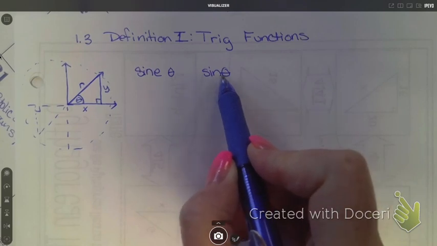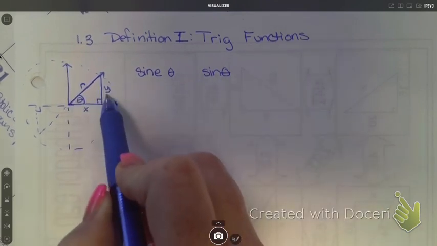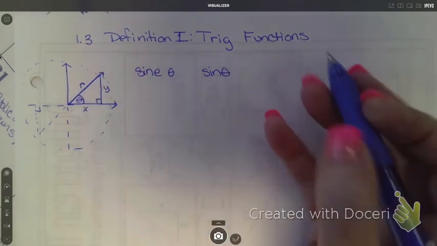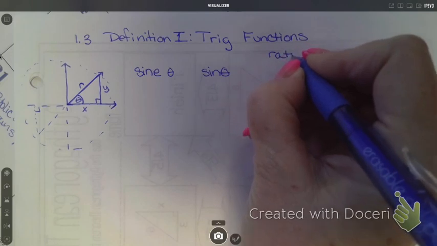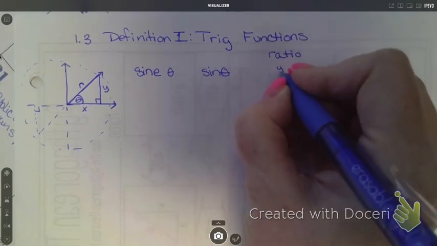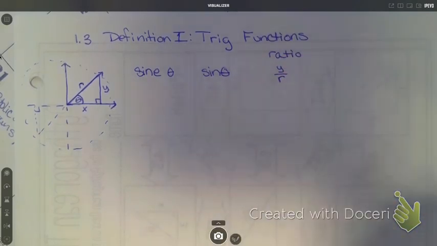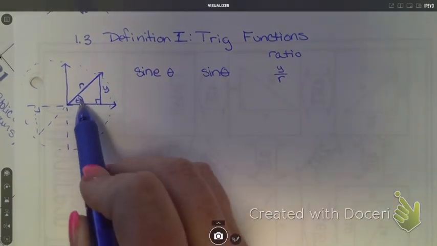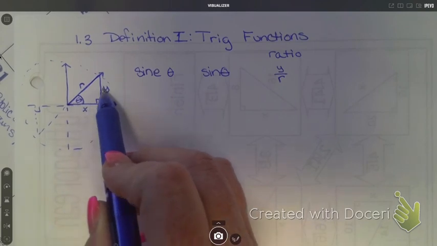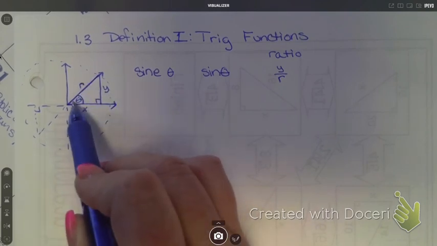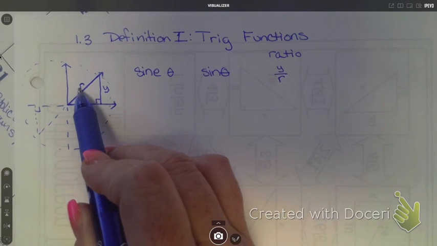Okay, so these are ratios. The ratio for sine is y over r. So if I ask you the sine of theta, you would tell me it's y over r. Does anybody remember doing opposite over hypotenuse for sine?